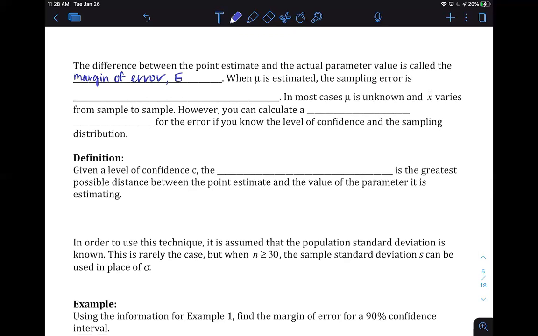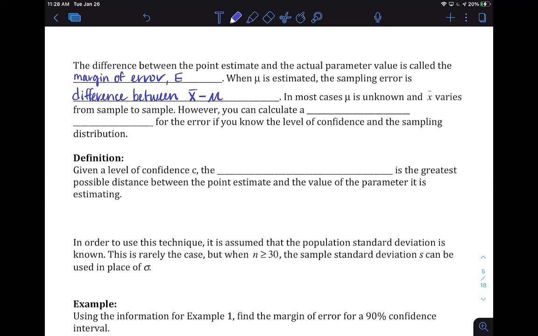So when the mean is estimated, the sampling error is the difference between X bar minus mu.